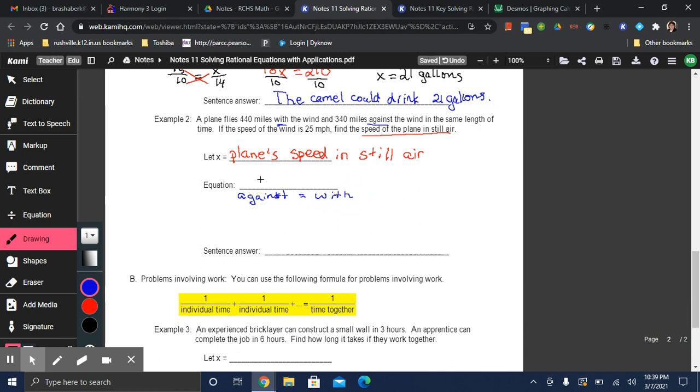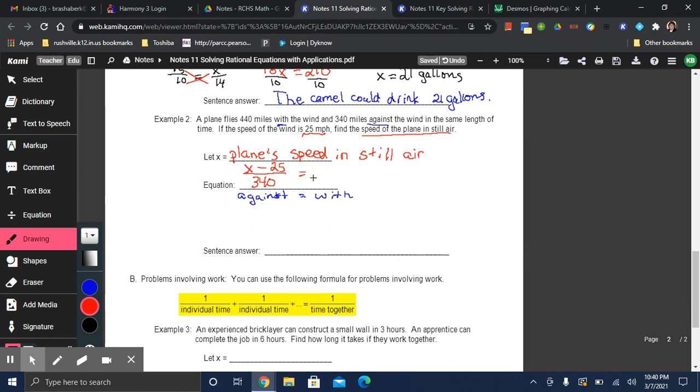So against the wind, the plane was slowed down by the speed of the wind. So its regular speed actually was slower by 25 miles per hour, and that was the speed of the wind. And in that time, it traveled against the wind 340 miles.